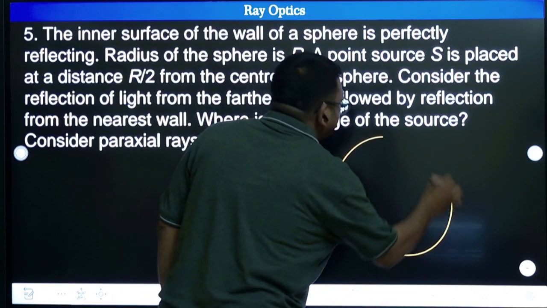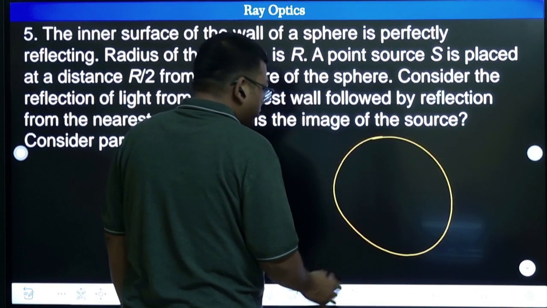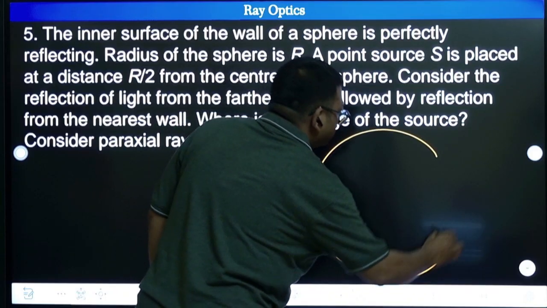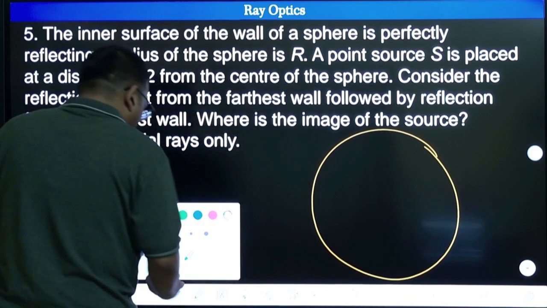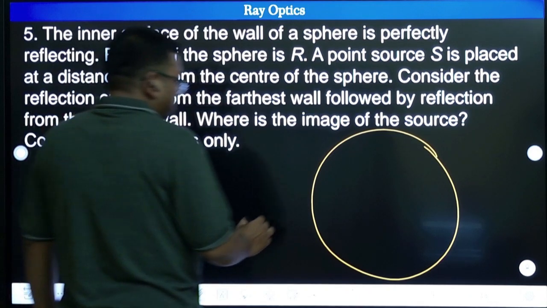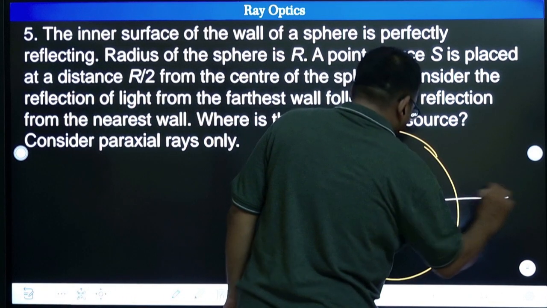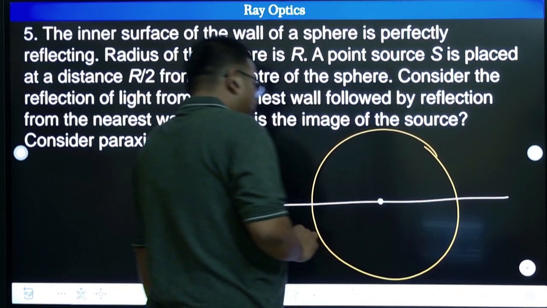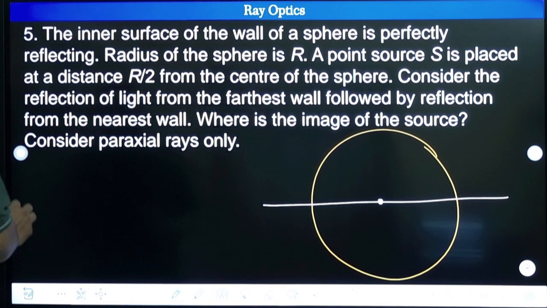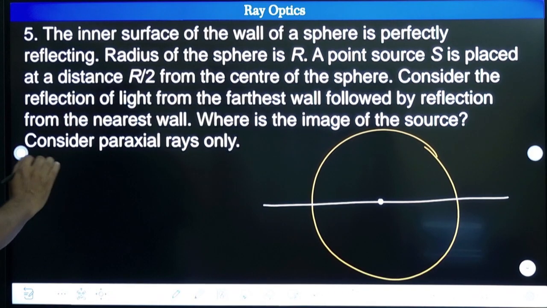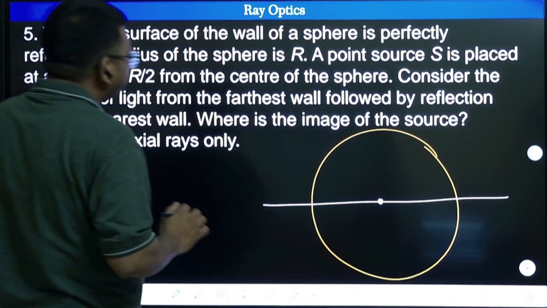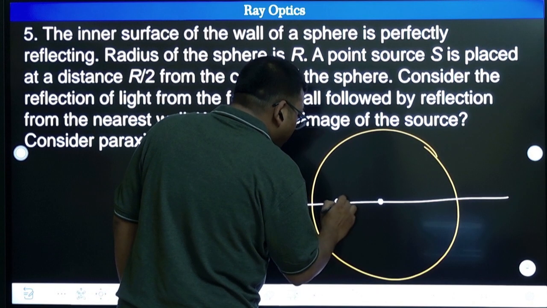So this is the sphere. Maybe I should draw a bigger sphere. Let us consider this is the diameter passing through the center. They are saying that the radius is r. The point source is placed at a distance r by 2 from the center. So suppose I keep an object here.